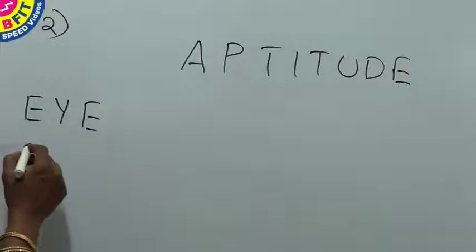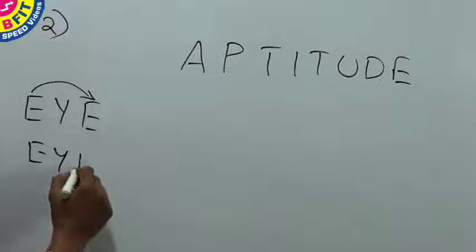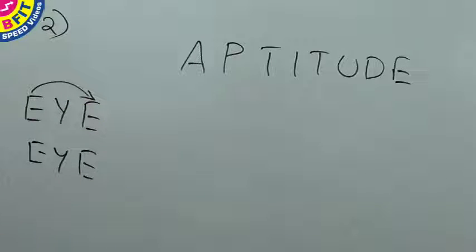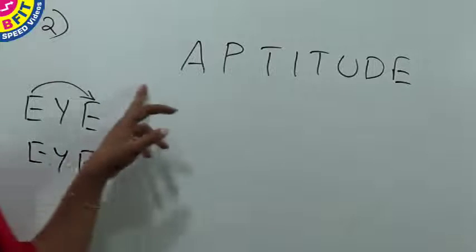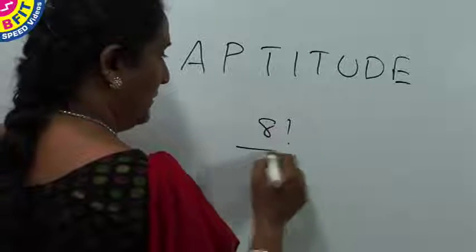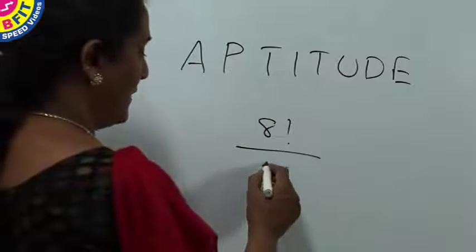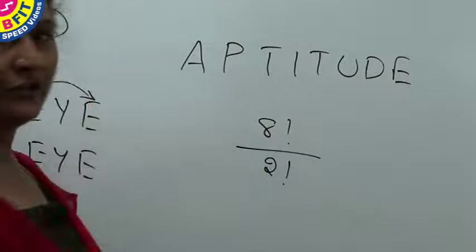If I swap the two identical letters, it is the same arrangement. So whenever you have repetition of letters, you divide by the number of times it is repeated. Here you have 8 letters, so the arrangement will be 8 factorial. And as T is repeated, you divide it by 2 factorial.